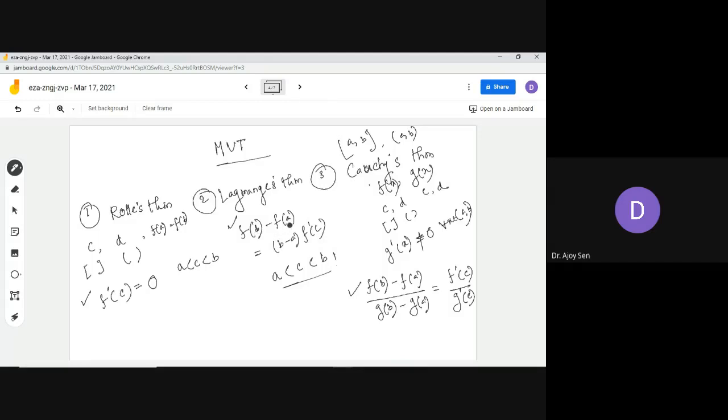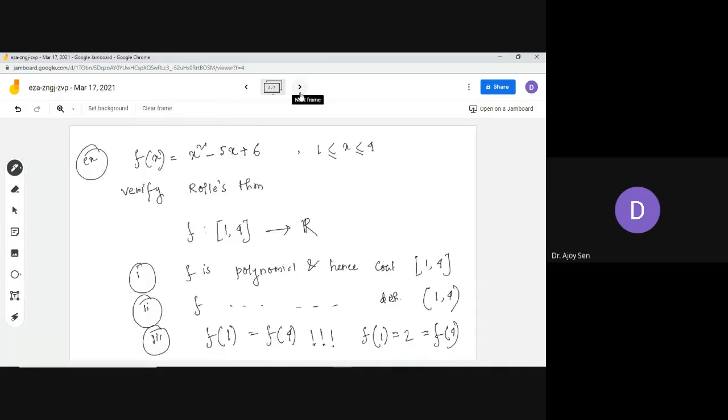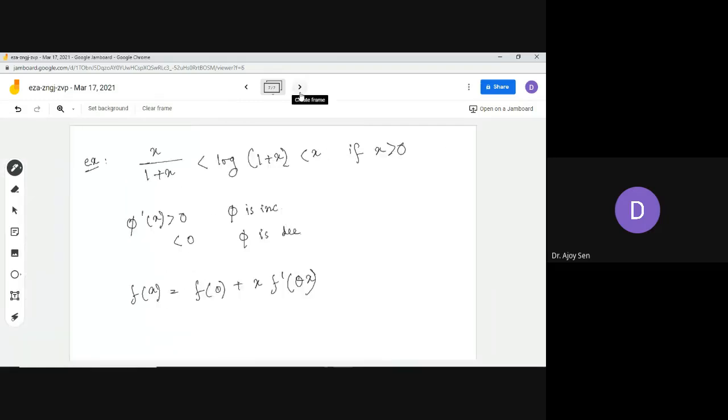So the interval is nothing but 0 comma x, and you just put b to be x, a to be 0, this becomes x. And what is f dash c? c is any point between 0 and x. That's why we can write it as theta x, where theta is a value between 0 and 1. This is the simple rewriting of Lagrange's theorem.